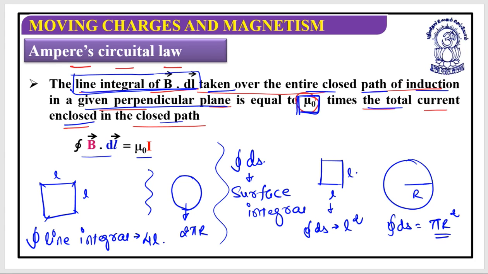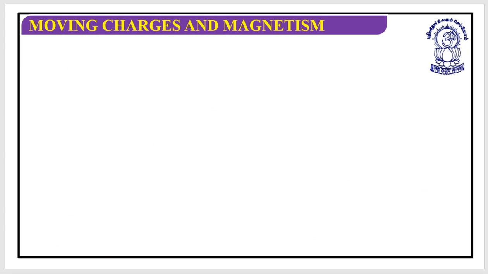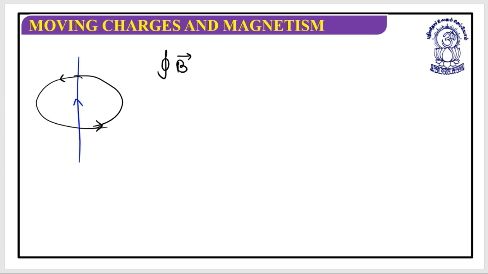Now according to Ampere, suppose this is the current carrying element, and this is a circular loop, and the direction on the loop is given like this. Then the line integral of B dot dl over this loop is equal to mu naught times I enclosed.